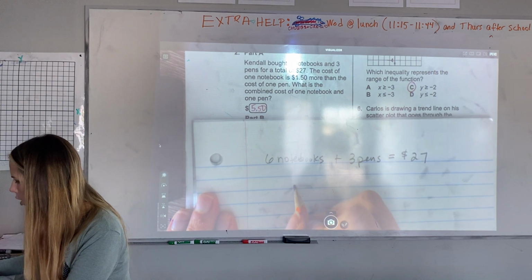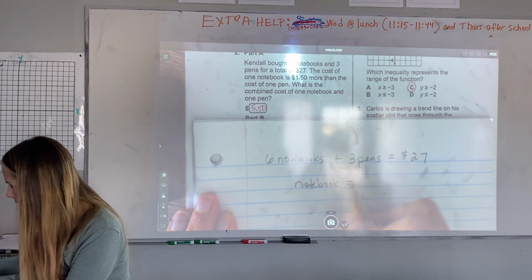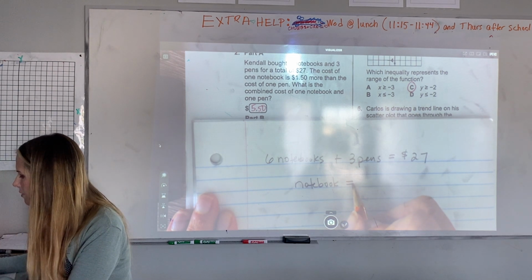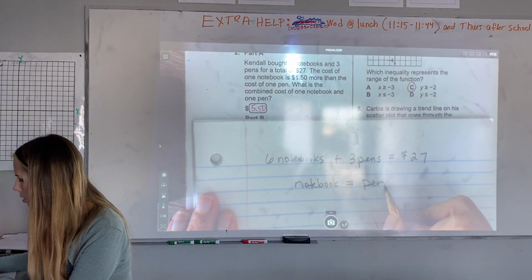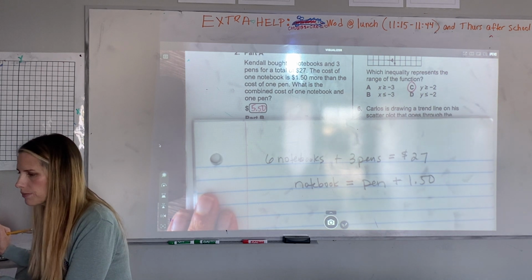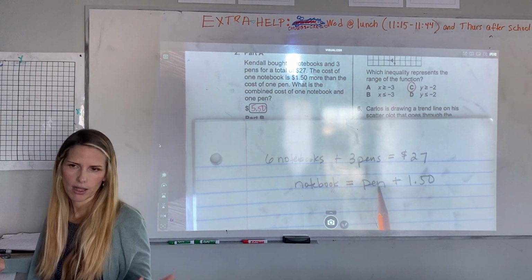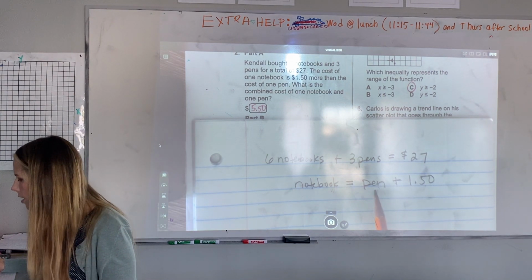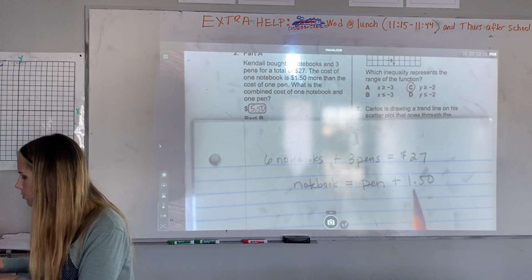So the cost of a notebook equals $1.50 more than the cost of a pen. So the pen plus $1.50 is the cost of a notebook. Whatever the pen costs, let's say the pen's $1, which I don't think it is, to know what the notebook would be, just add $1.50 to it. So that's how we set up that equation.